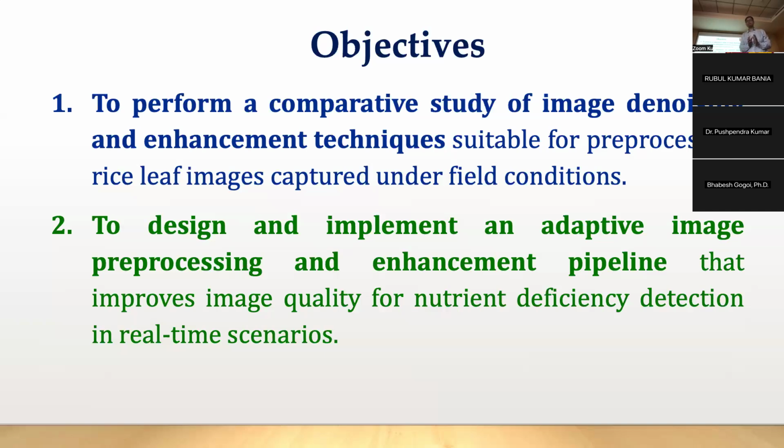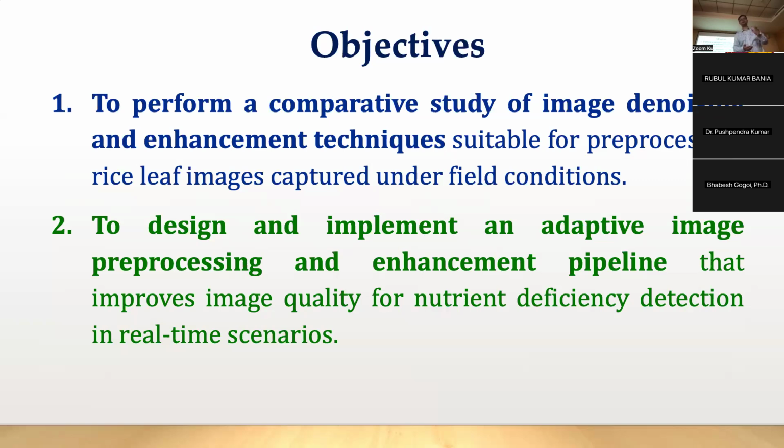For pre-processing, we'll use two techniques: one is the image denoising technique, and another is the enhancement technique. Through image denoising we will remove most of the commonly available noise, and then we'll enhance the image to extract the details from the images.